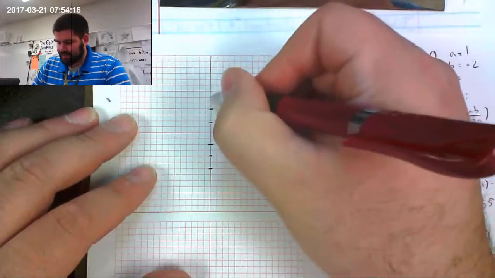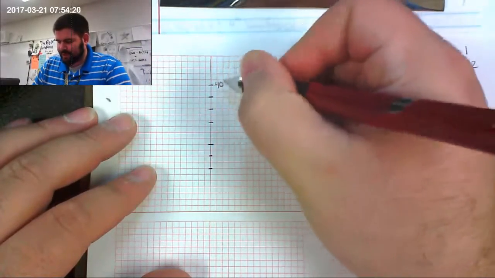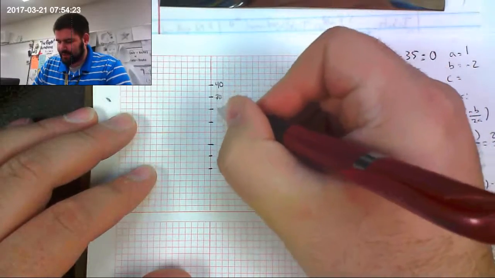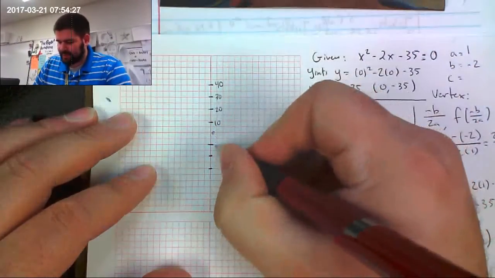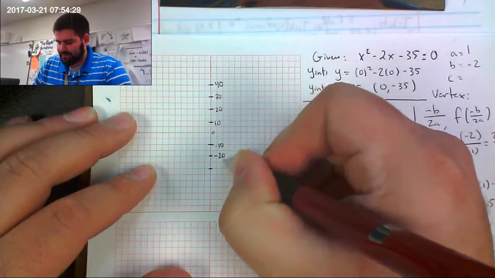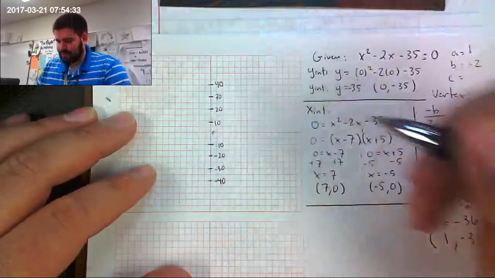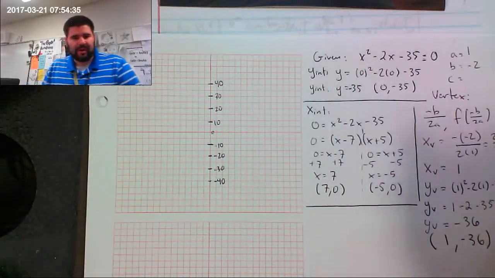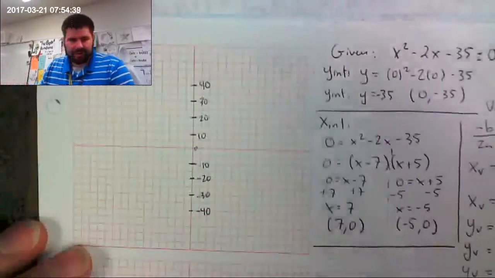So this would actually be 40, 30, 20, 10, there's 0, negative 10, negative 20, negative 30, negative 40. Okay? So that's my y-axis. Zoom in here a little bit.